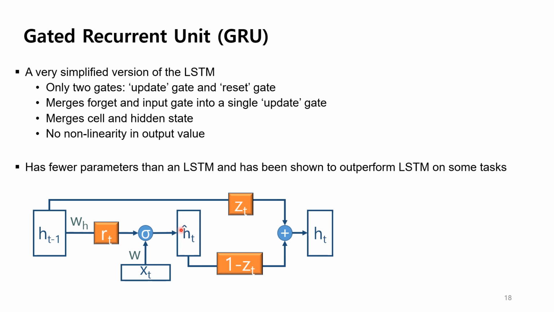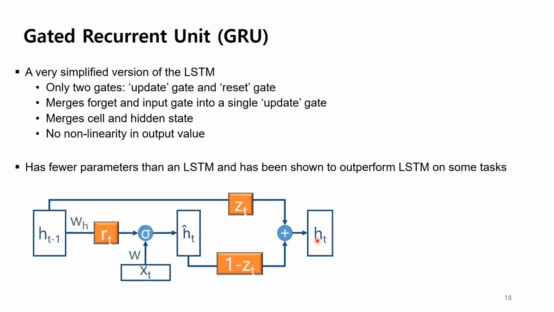Let's say it's h hat. I'm going to call this the candidate of the next hidden node value. And then we have this update gate. What this update gate does is decide the final output of the hidden node in the next step, h_t.